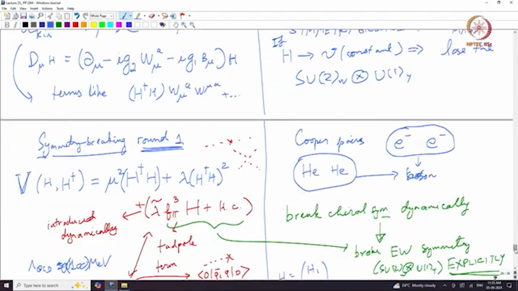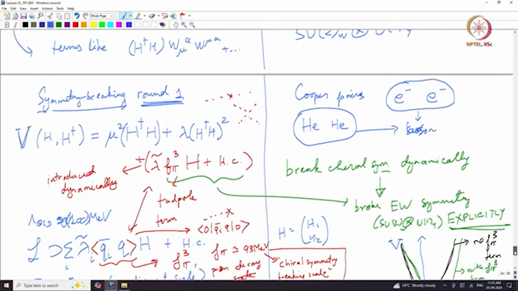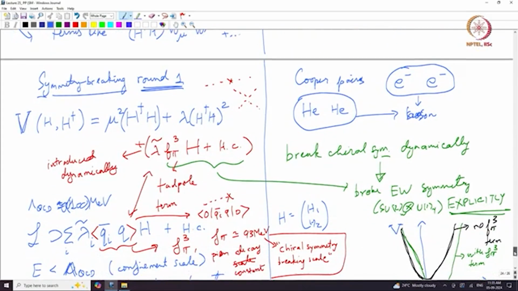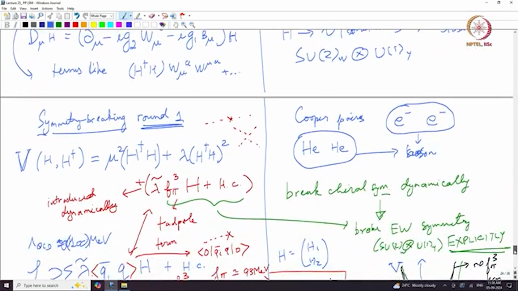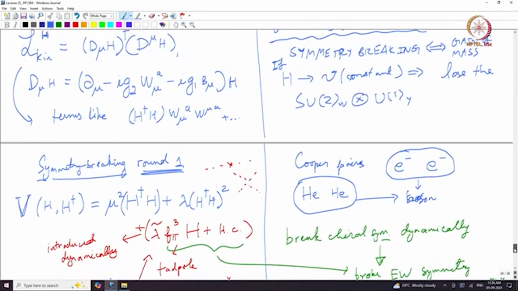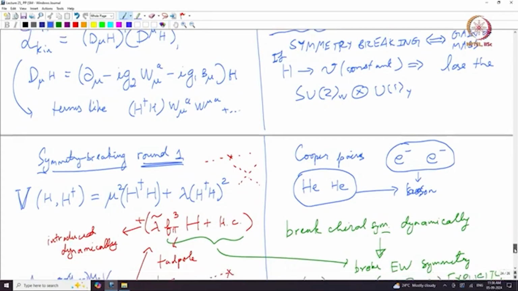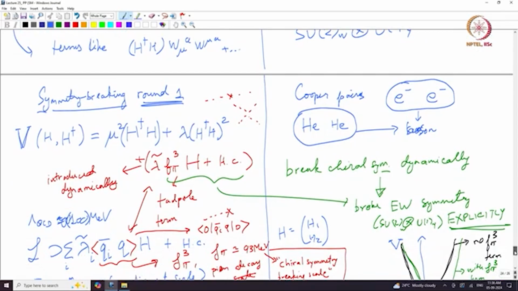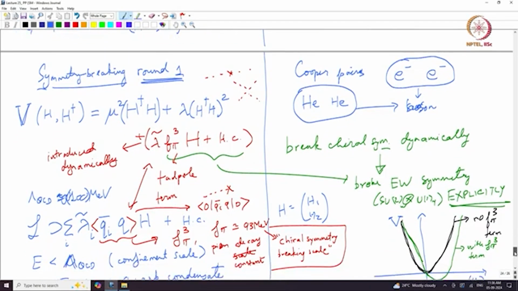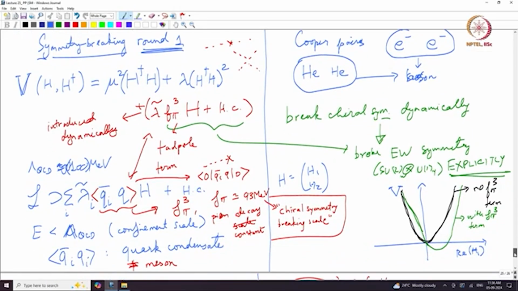Okay. But to me this is a simpler way to think about symmetry breaking in particle physics. So, what did we do? We wanted the Higgs field to turn into some constant, and we saw that the way you break the symmetry is in the potential term of the Lagrangian, the scalar potential.